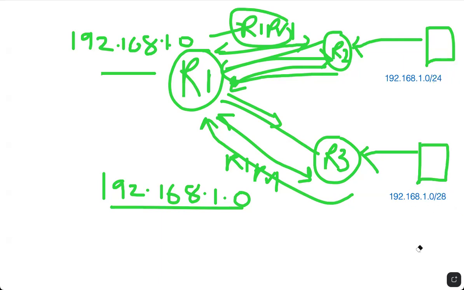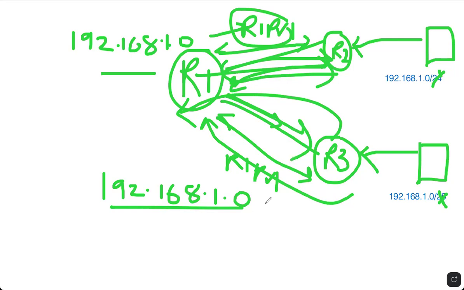Which one is the best path? /28 is the best path because of the longest prefix match. But because RIP version 1 is cutting off the subnet mask, these routers are not sending the right information to router 1. So it will choose both of the paths and eventually it's not choosing the right path. So that is the disadvantage of RIP version 1.